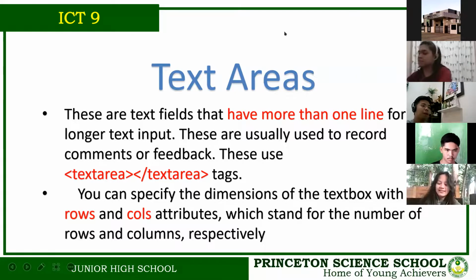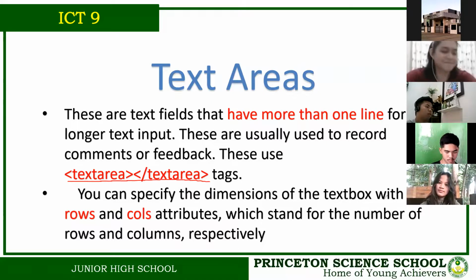This uses the textarea tags. You can specify the dimensions of the text box with rows and cols attributes. So we are going to use these attributes to specify the size of our text area.